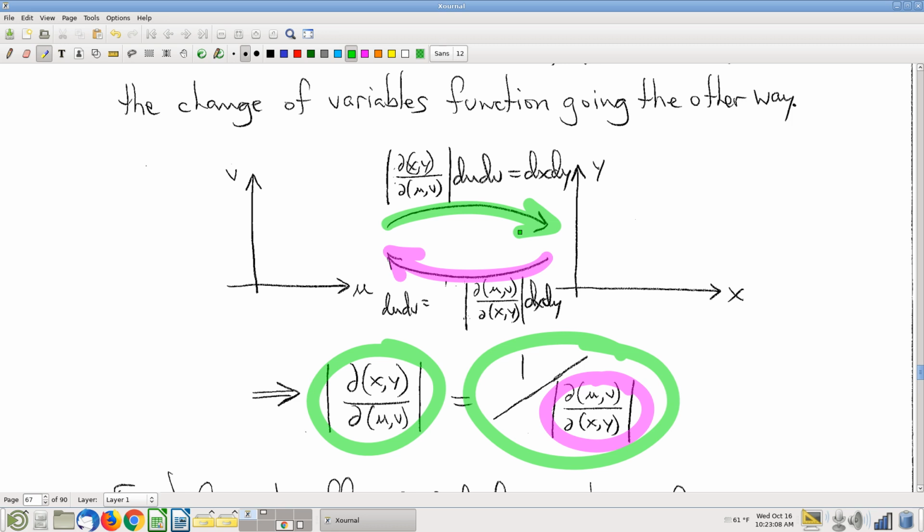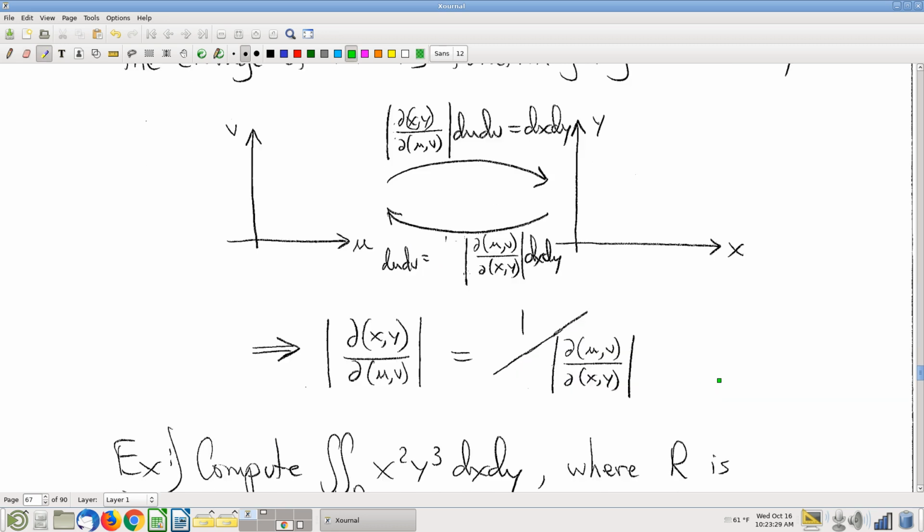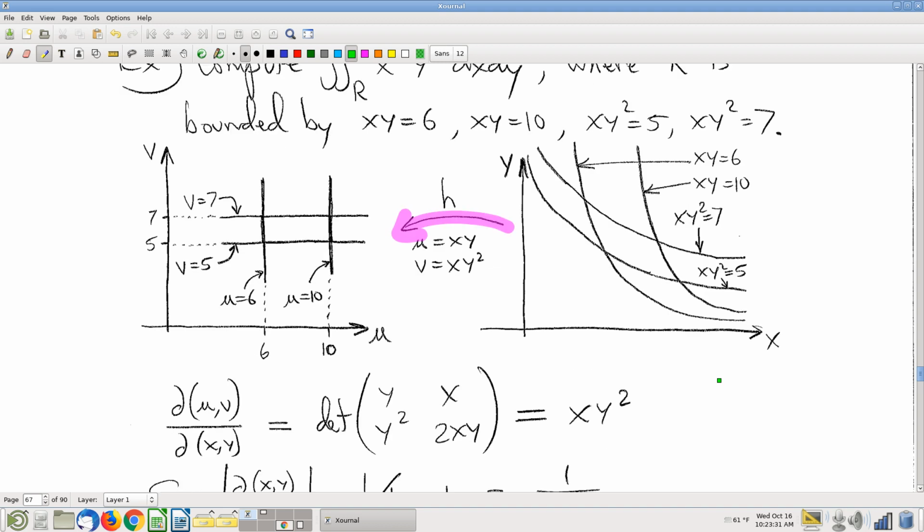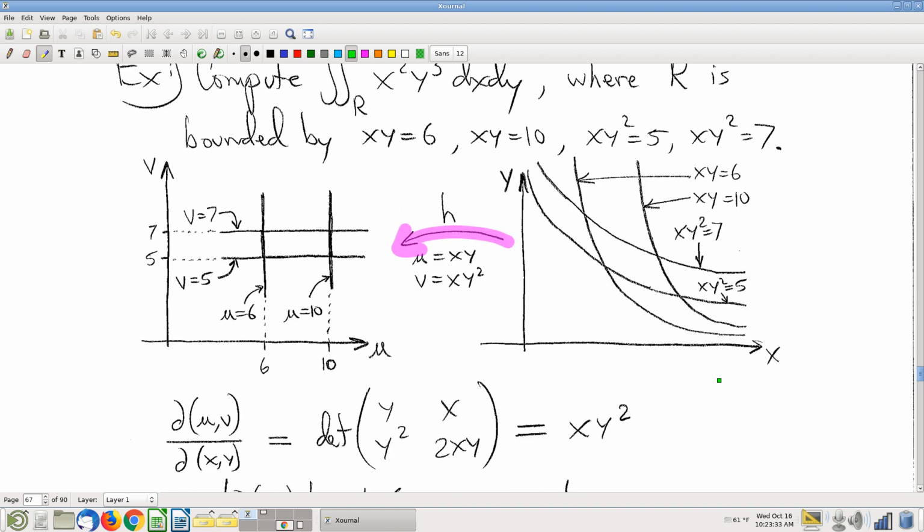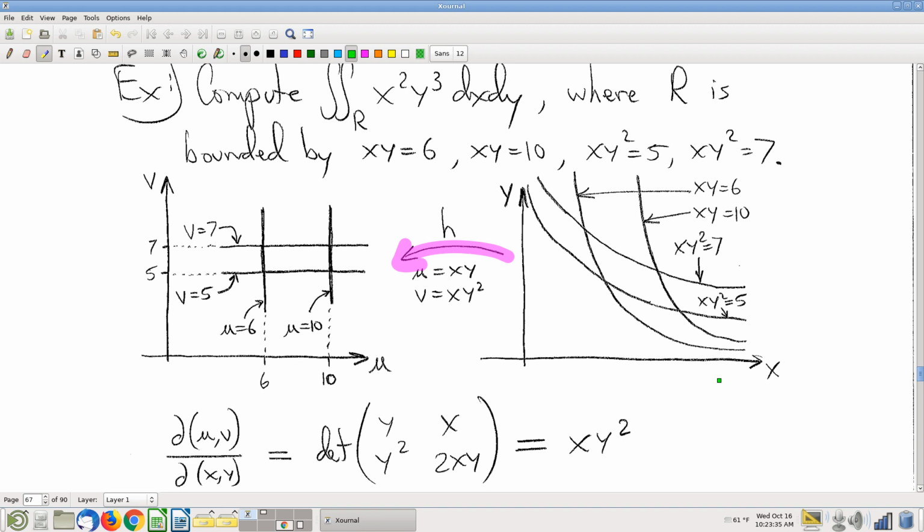So conveniently, as another example, and I went on a little aside about this, this is another motivation for using a notation that looks like a fraction in writing down the formula for the stretching factor. Now, it isn't a fraction, it's a determinant, right? But it behaves like a fraction in this sense, and so we're going to write it like a fraction for convenience. Okay. So looking at the change of variables function going this way, I can compute the stretching factor.